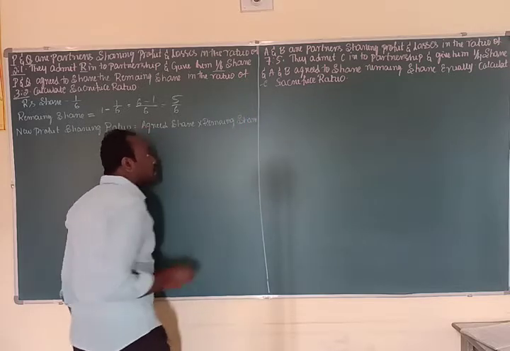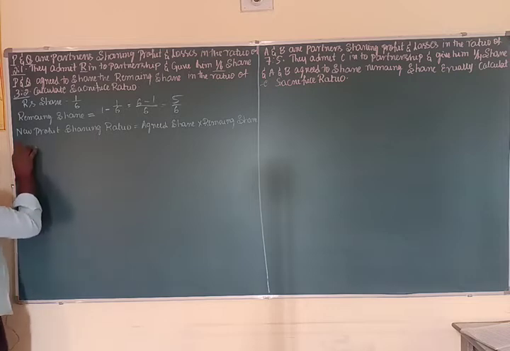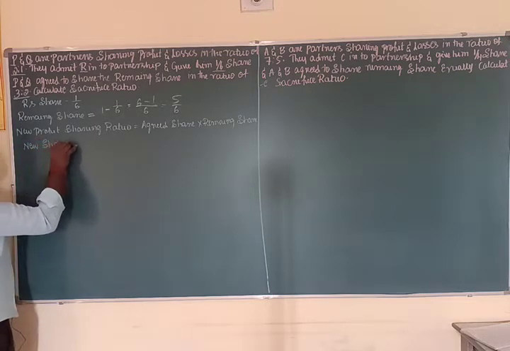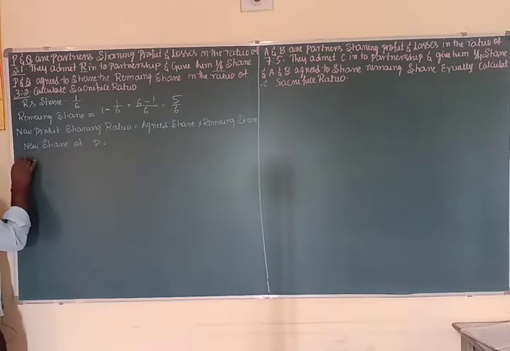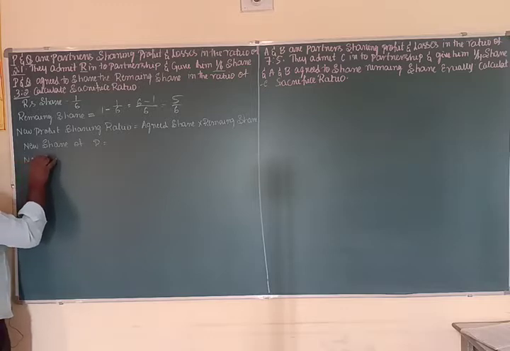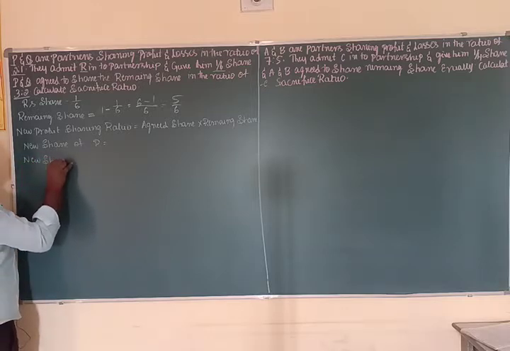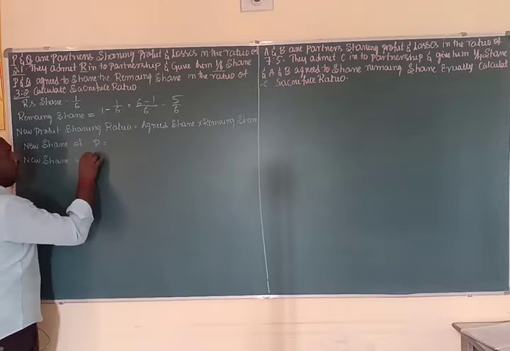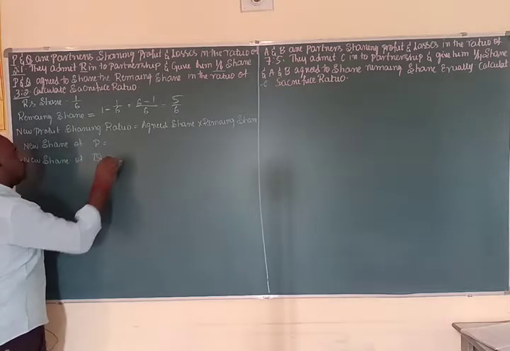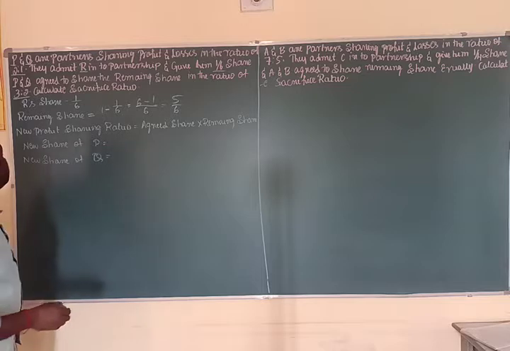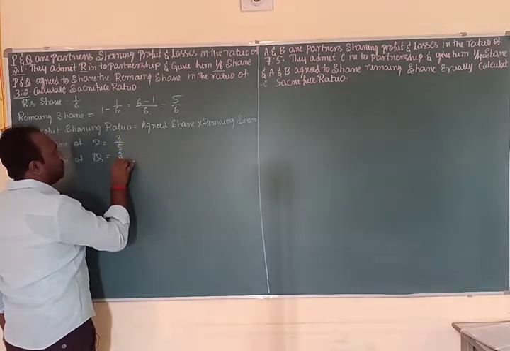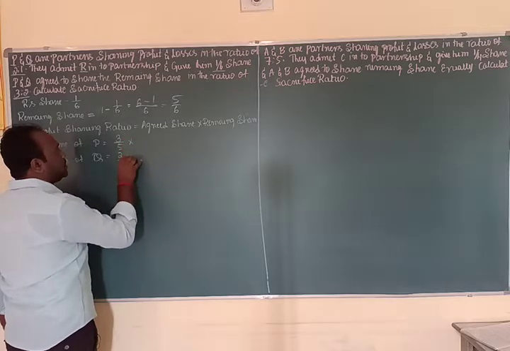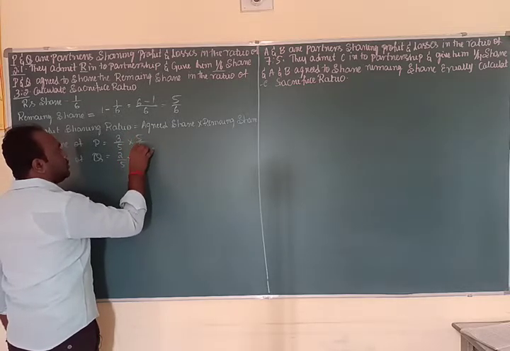Here we take the new share of P and the new share of Q. The agreed shares are 3/5 and 2/5, into the remaining share 5/6.